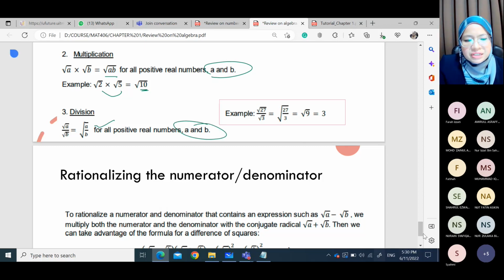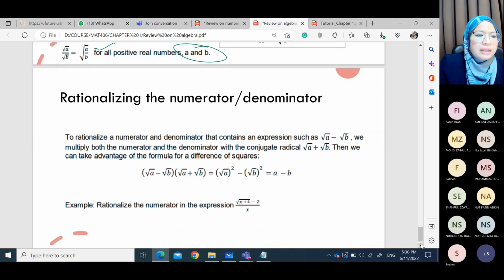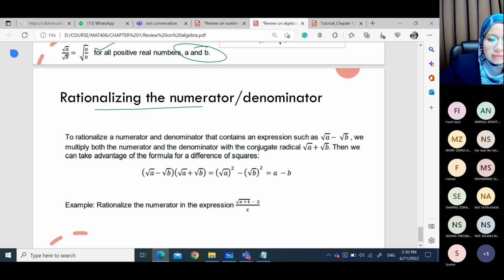Okay. So last, rationalizing the numerator and denominator. Okay, rationalizing the numerator or denominator maknanya kita nak keluarkan numerator ataupun denominator daripada square root, daripada radical. Okay, jadi macam mana kita nak gunakan? Kita kena darabkan dengan conjugate radical. So, masa conjugate radical ni, kita darabkan benda yang sama tetapi operasi yang berbeza.